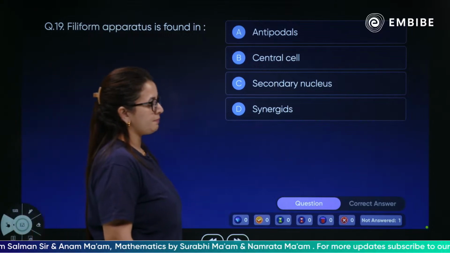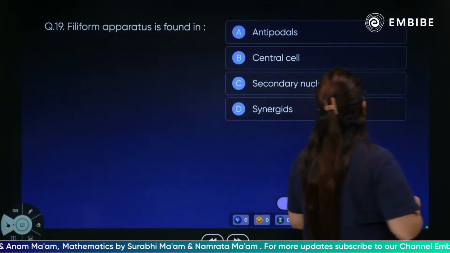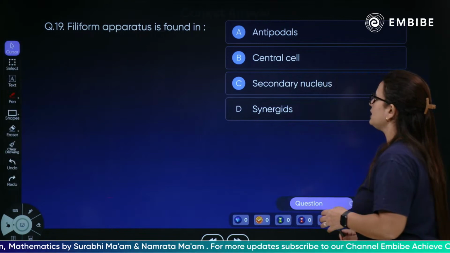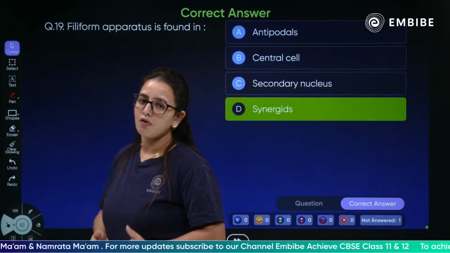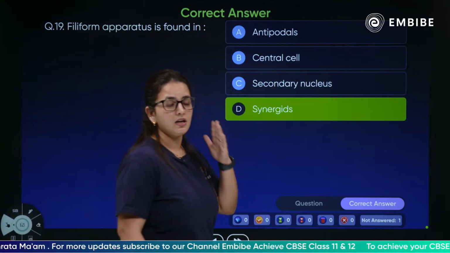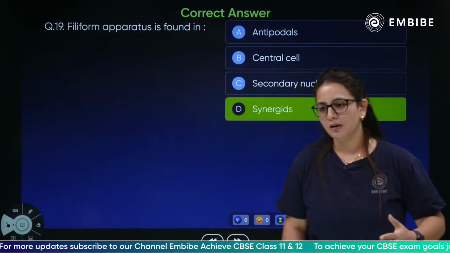Yes, absolutely simple. The filiform apparatus is found in the synergids because the filiform apparatus guides the entry of the male gamete into the egg cell so that the fusion can take place.